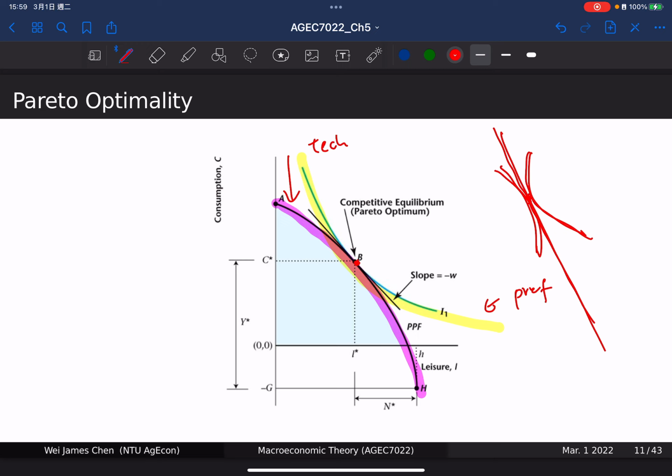That, if you recall, is the first fundamental theorem of welfare economics and the second fundamental theorem of welfare economics. The formal statement sounds something like CE implies PO. It means if you have a competitive equilibrium result, then that equilibrium is also a Pareto Optimal result.